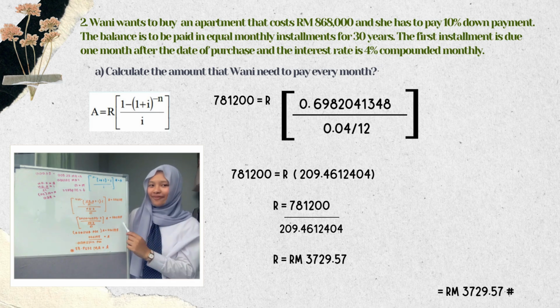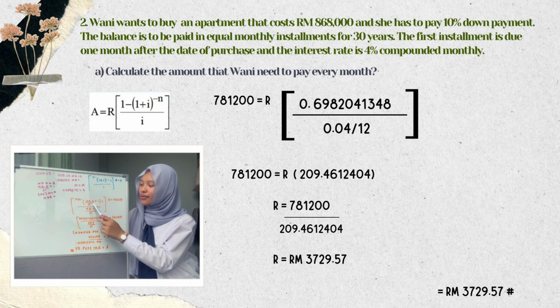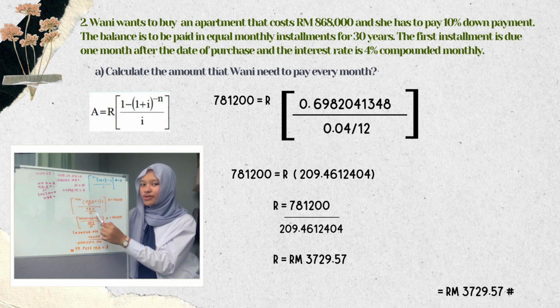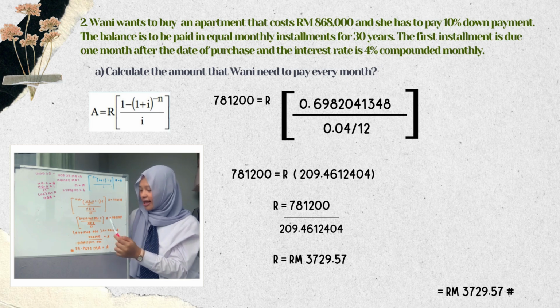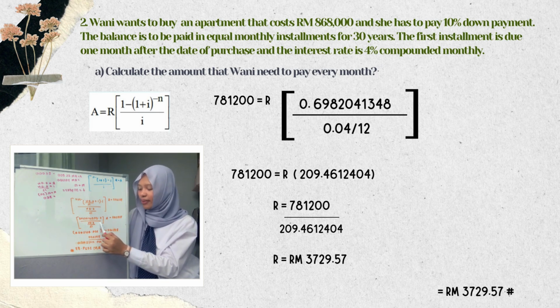So we need to calculate first. So we have 781,200 equals R multiplied by 1 minus (1 plus 0.04 divided by 12) to the power of minus 360, divided by 0.04 divided by 12. Then we got 781,200 equals R multiplied by 0.6982041348, divided again by 0.04 divided by 12.